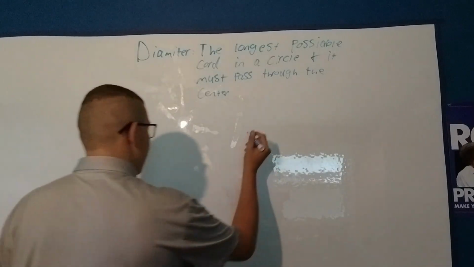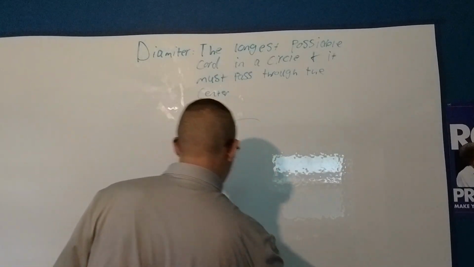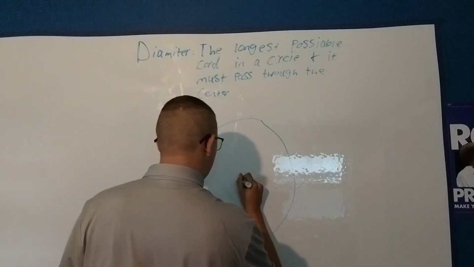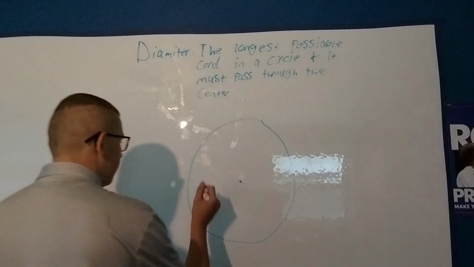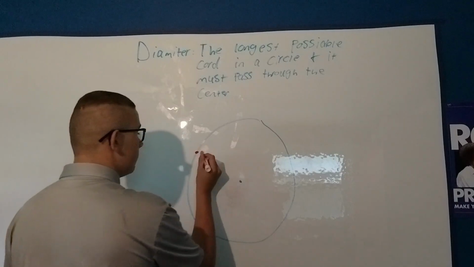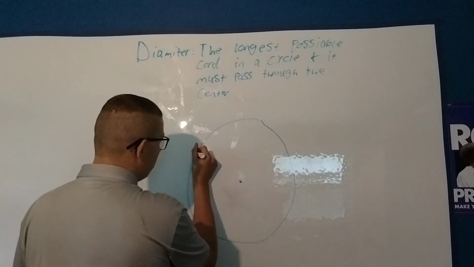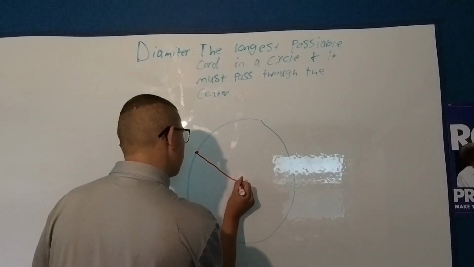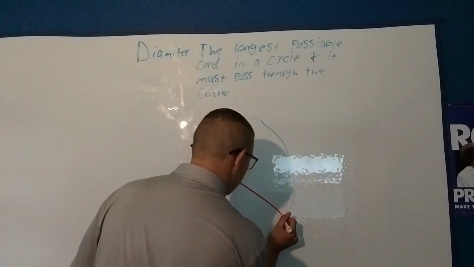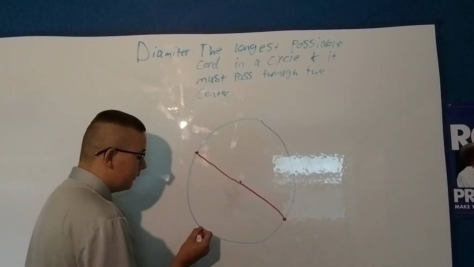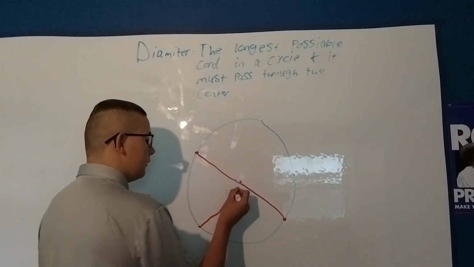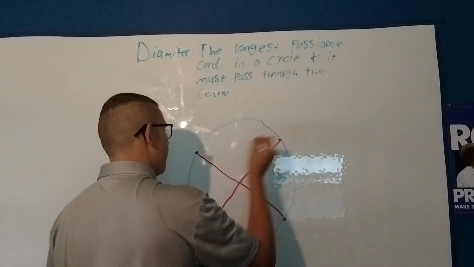And again, a diameter. If you have your circle, it has both endpoints on the circle, and it passes through the center of the circle and has another endpoint like that.